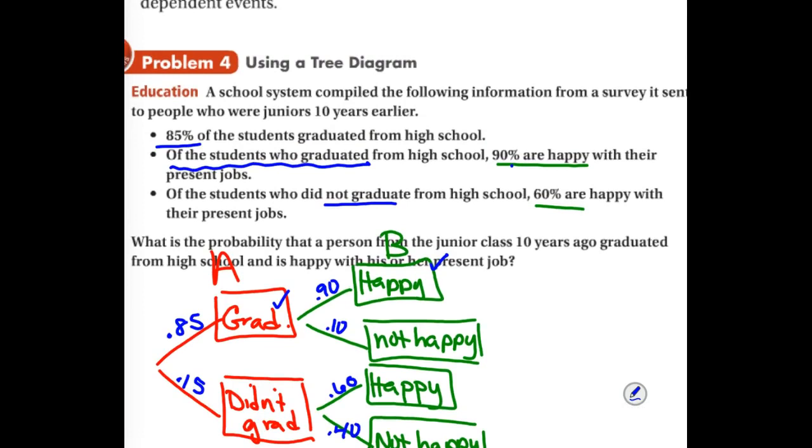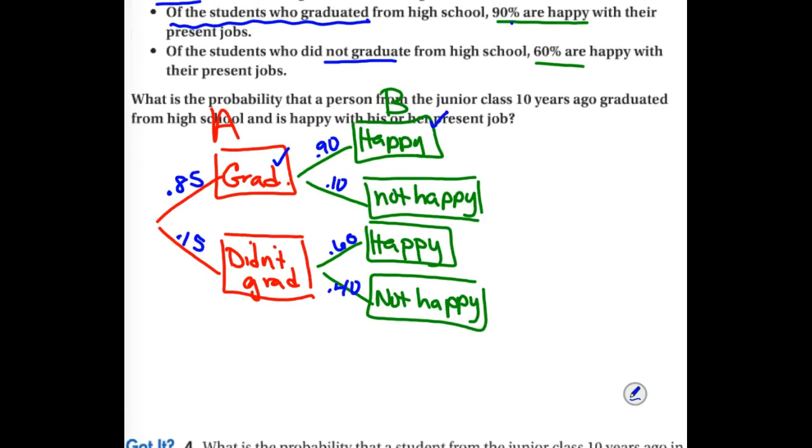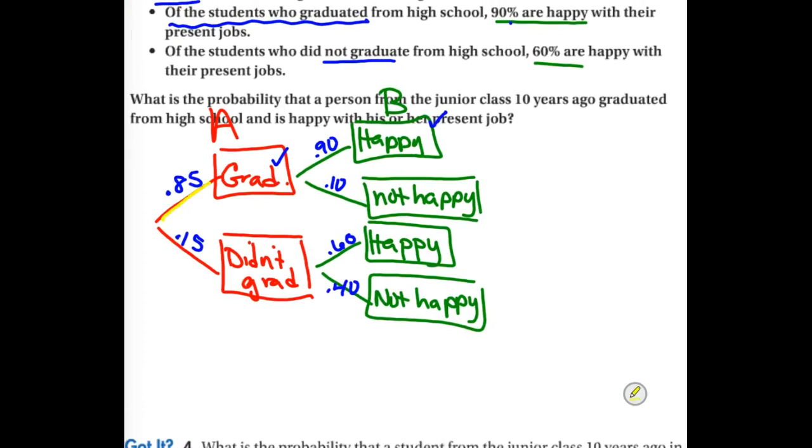The question now says, what is the probability that a person from that junior class 10 years ago graduated and is happy? In order for both of those situations to be true, we have to have gone on this branch to graduate, and we have to go on this branch to being happy with the job. Does that make sense? Okay.